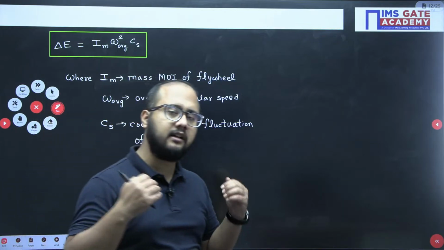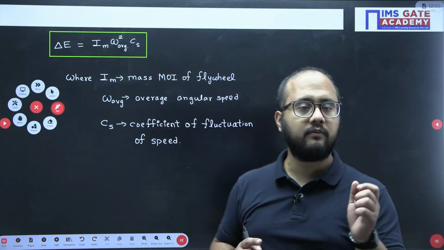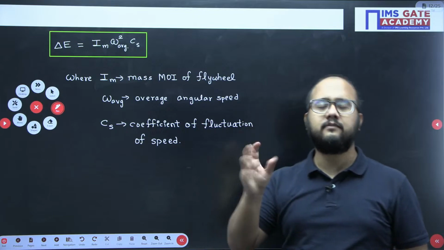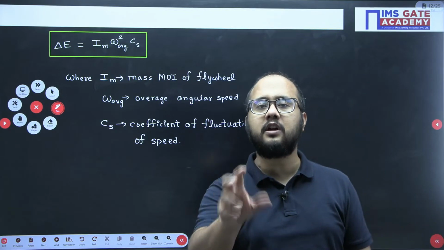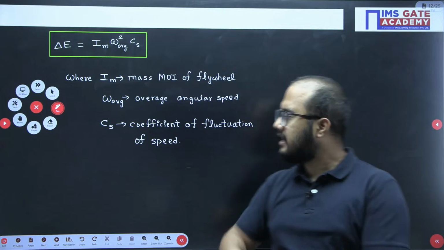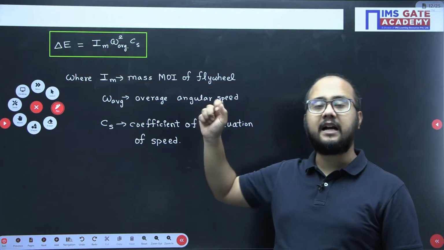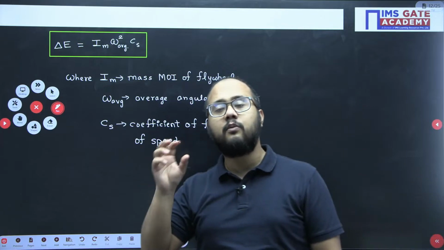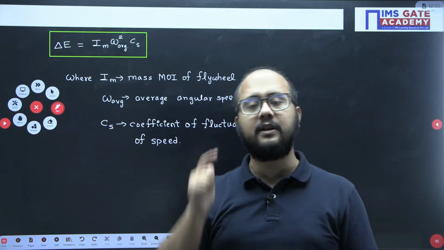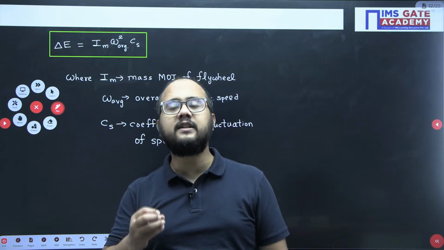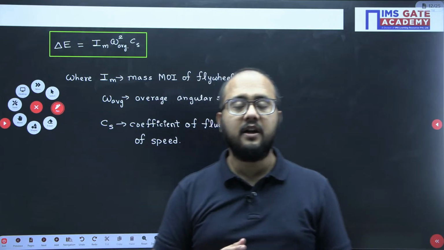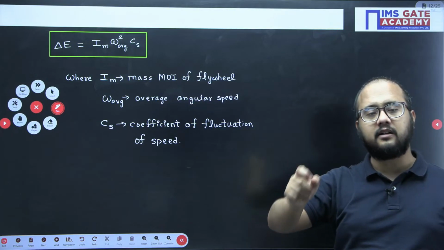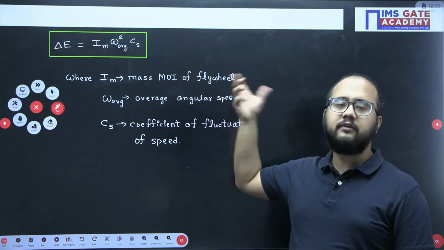The entire system includes the crankshaft, because the flywheel is mounted on it. When I mount the flywheel on the crankshaft, the mass moment of inertia of the complete system increases, because it provides additional inertia to the crankshaft. But the flywheel's own value is very high compared to the crankshaft, so that's why usually this one only we consider.